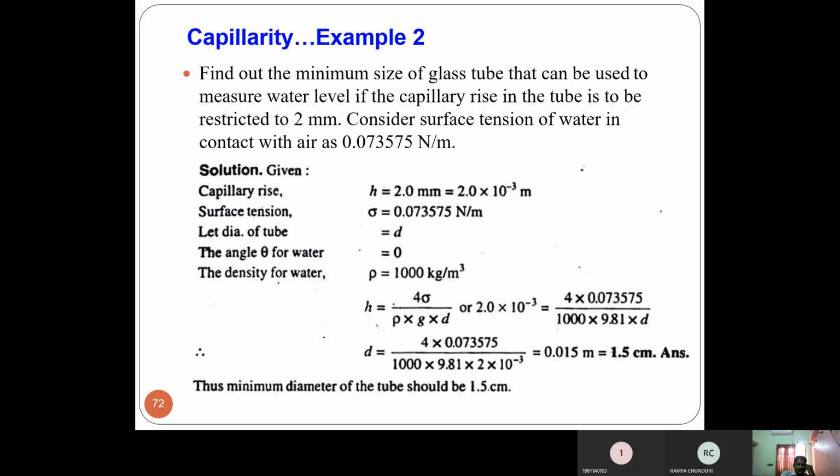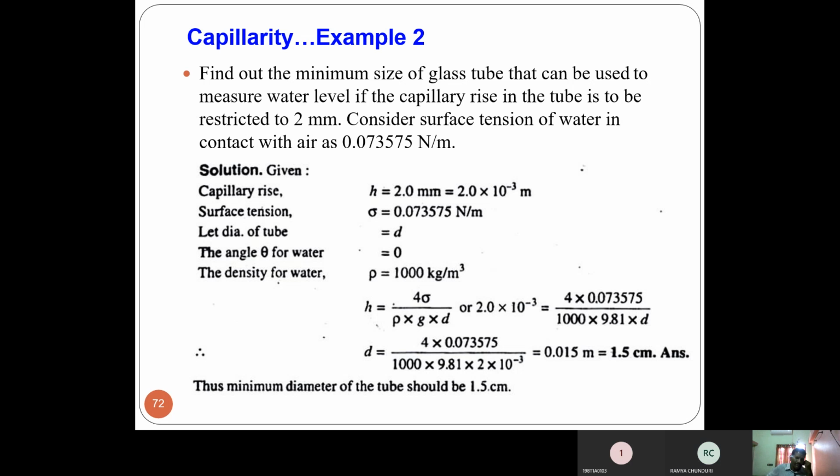And the sigma value is also given. But we are asked to calculate the diameter of the glass tube D. So if we solve this expression for D, we will get the diameter of the glass tube as 0.015 meter or 1.5 centimeter. This is the minimum diameter. The minimum diameter of the tube should be 1.5 centimeter.